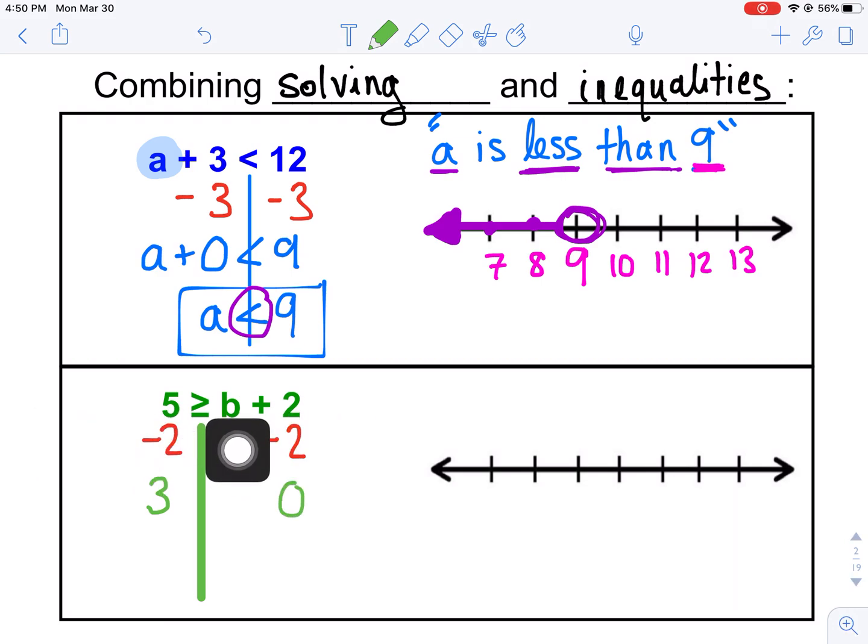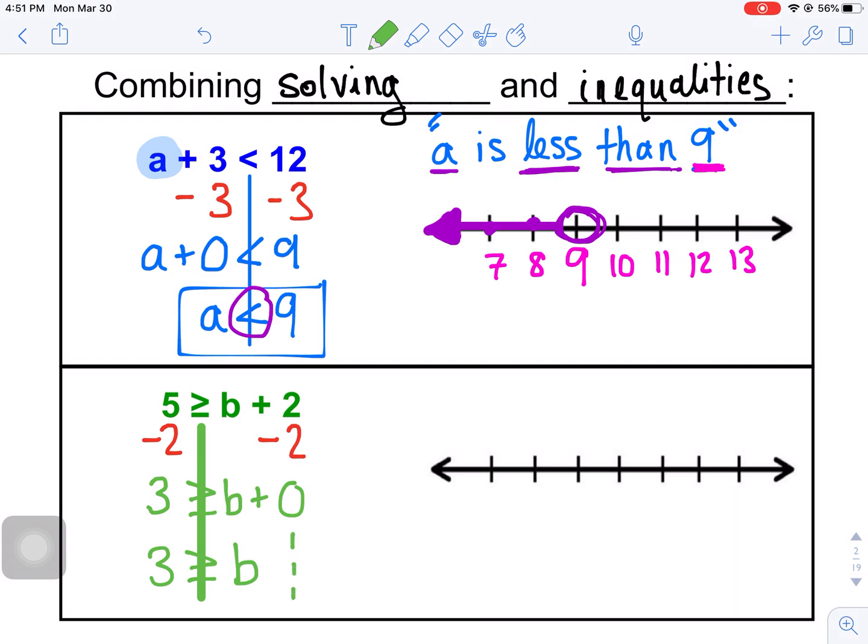And we can bring this B down. Then we're going to take our inequality sign and put it down as well. Our last step is to rewrite this without the 0. So we have B is less than or equal to 3.